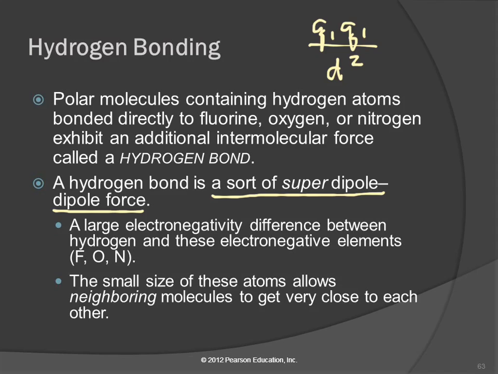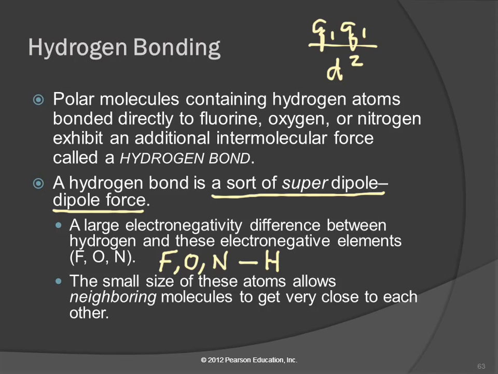So in these bonds where we have fluorine, oxygen, or nitrogen bonded to hydrogen, that is a very polar bond. And so the charge difference on the ends is going to be larger. The Q's are going to be larger, and so the strength of the force of attraction is larger.